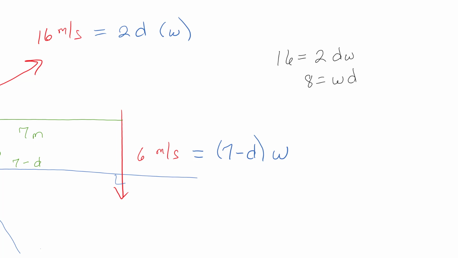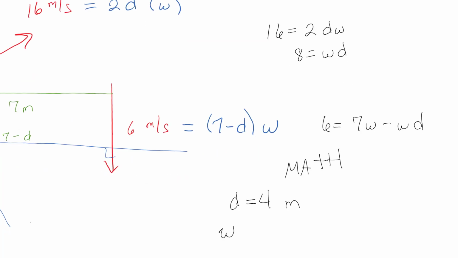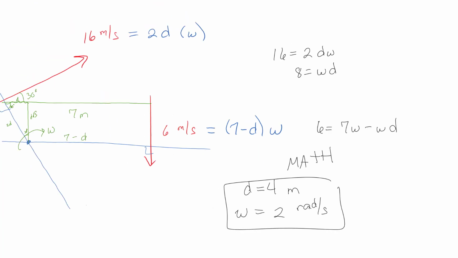I've got 6 is equal to 7 omega minus omega d, and then I can do the math, and I get that d is equal to 4 meters, and omega is equal to 2 radians per second. Now I'm getting pretty answers because I designed these problems to get pretty answers.